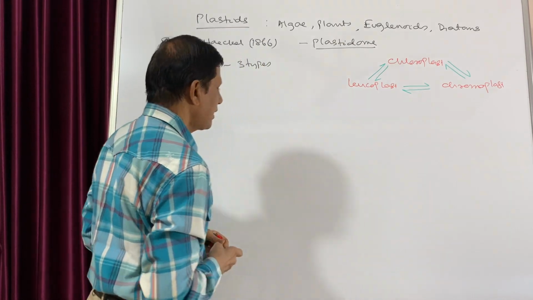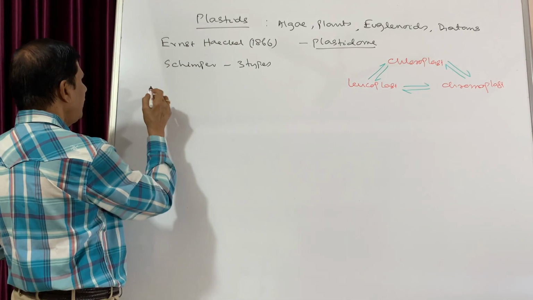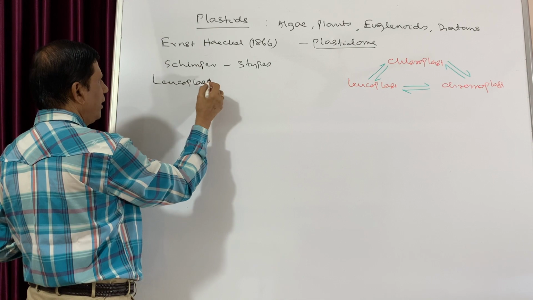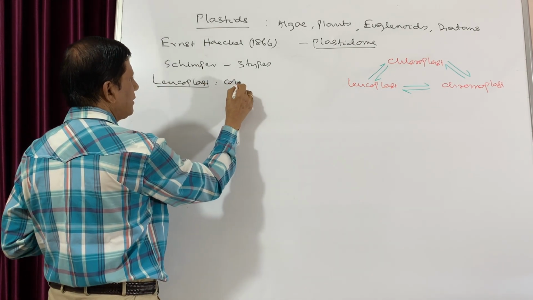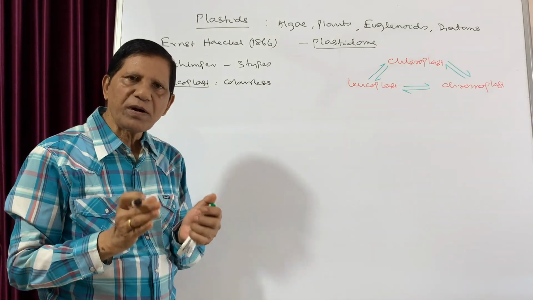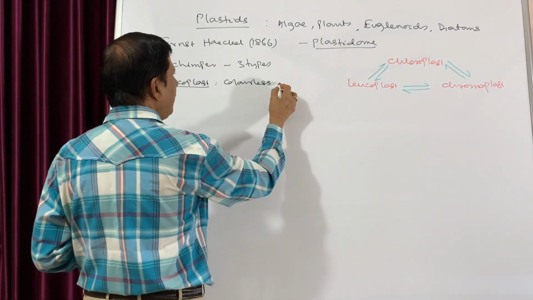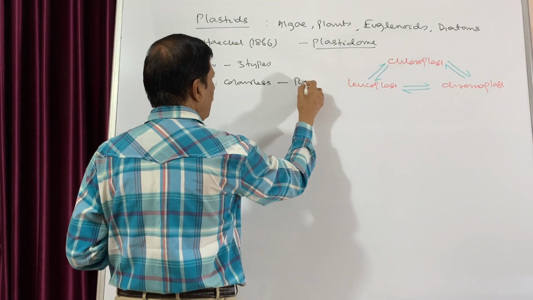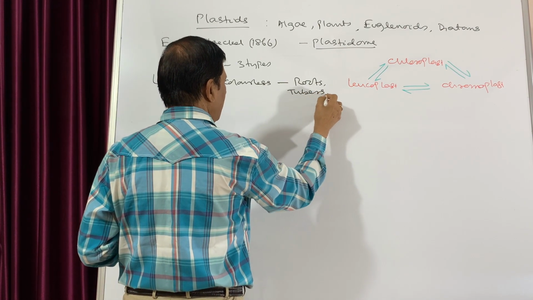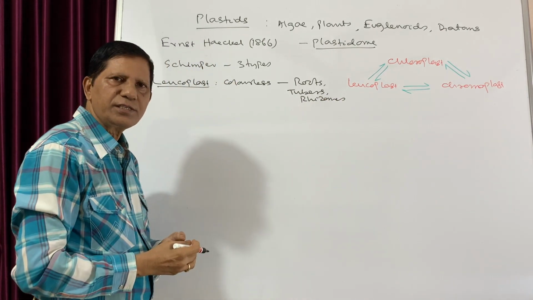Now let us discuss each of the three types. First, the leucoplast. Leucoplasts are usually colorless. They are present in parts of the plant body which do not get direct sunlight, for example roots, tubers, and rhizomes.